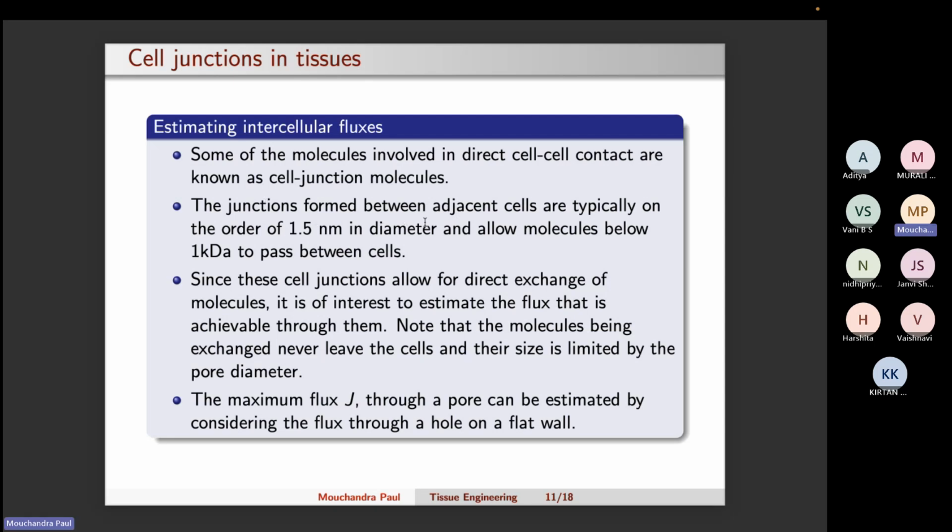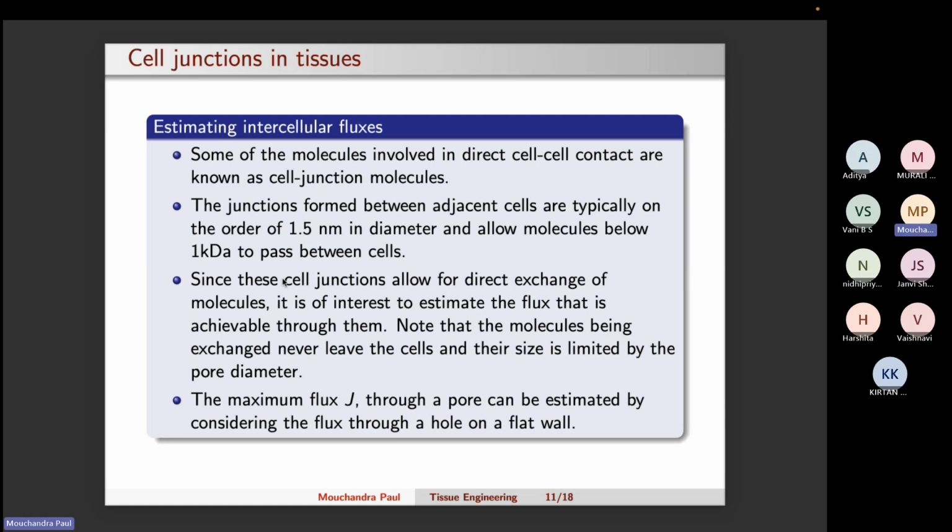The junction between the adjacent cells is typically on the order of 1.5 nanometers. The diameter of this junction is a few nanometers, and it allows molecules of molecular weight less than or equal to 1 kilodalton.